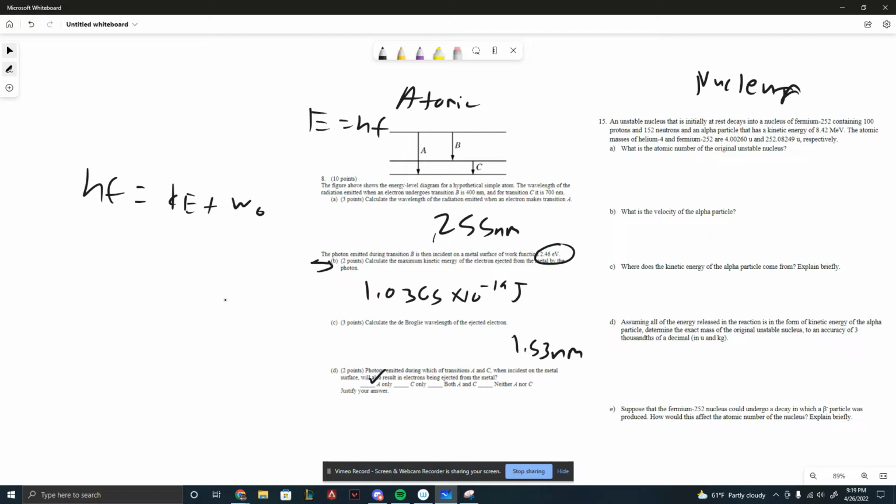Versus with A, the highest energy drop of the three, it does release enough energy to knock electrons out with kinetic energy. And that's honestly my explanation. You put that in fancier words, maybe toss some conservation of energy in there, and explain how that has to do with it. And yeah, that's how you would do this one. So these honestly aren't too bad. I would say they're pretty manageable.